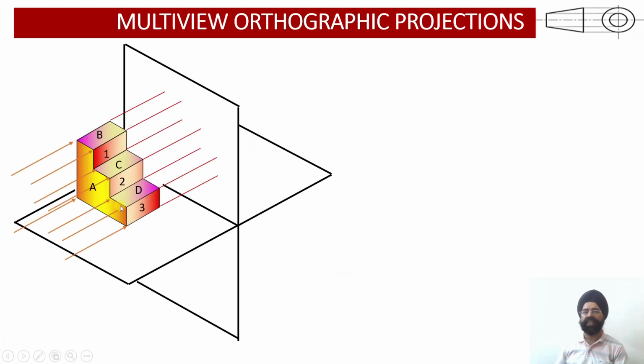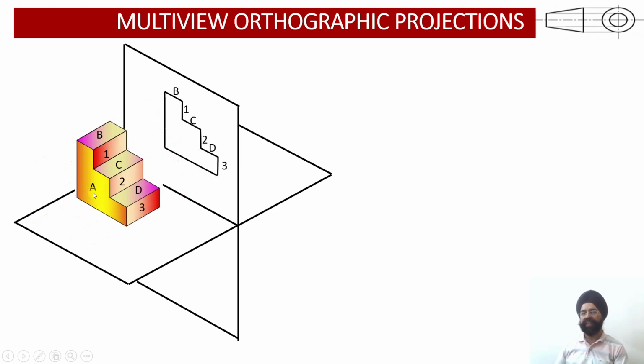Then similarly, you can see a few more examples. If we are looking at this object from the front, this is the view we will be getting, that is surface A. This will be visible. If I am looking from the top, then surfaces B, C and D will be visible.